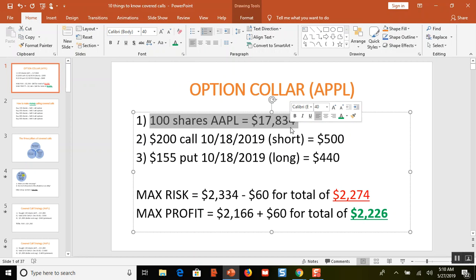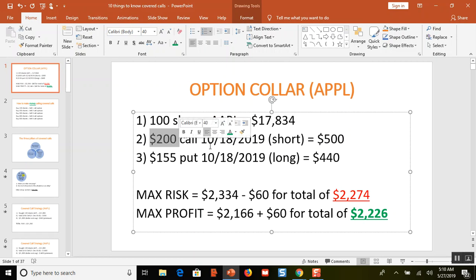Number 1 is you have 100 shares of Apple and you spent $17,834. And then number 2 is you have a $200 call option. It expires on October 18, 2019. Today is May 27th, 2019, so that's 144 days, and I put short here because you are short the call, and you got $500 for that.